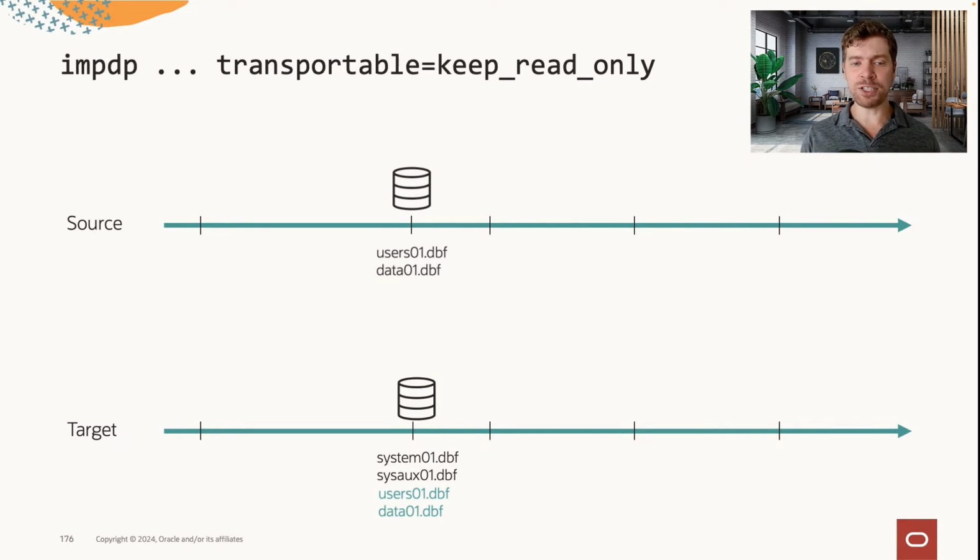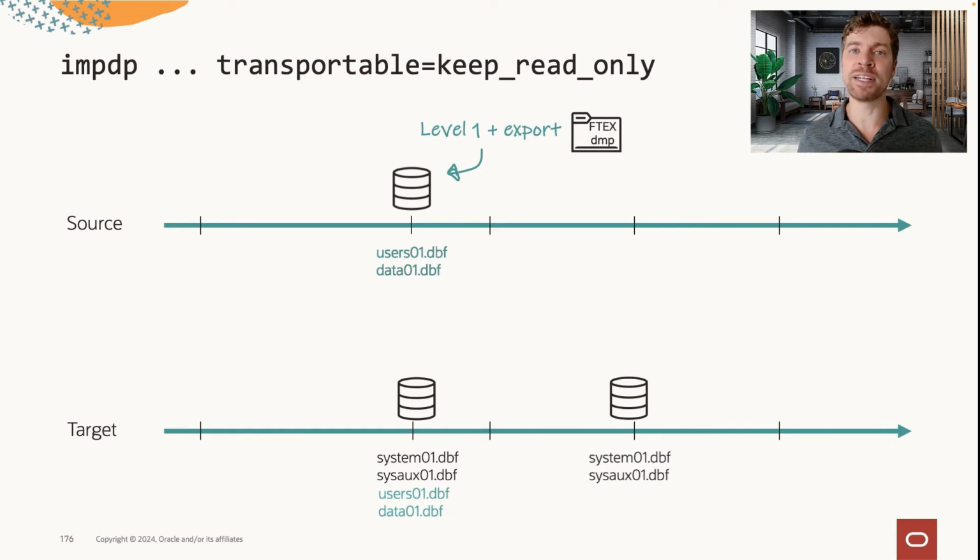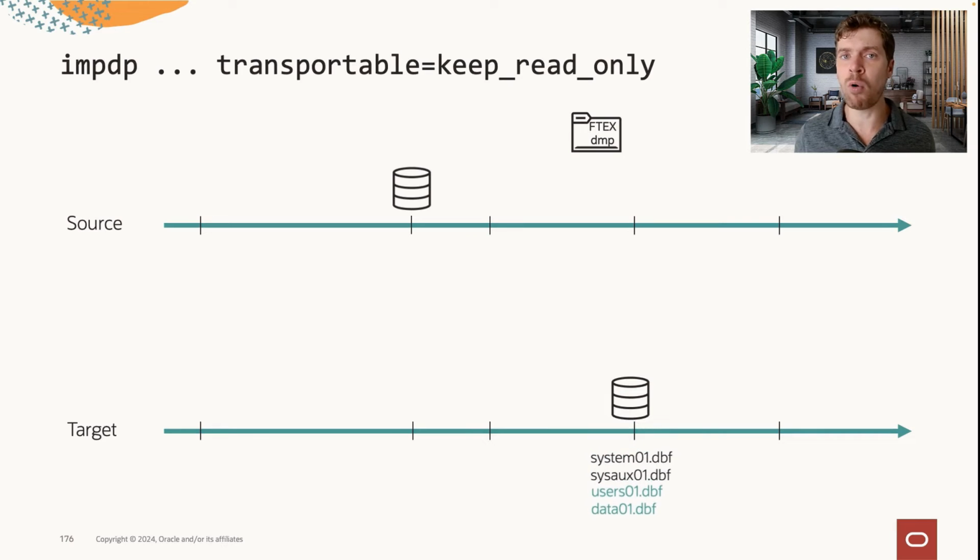But what you need to notice here is that my user01 data file and data01 data file are the same as before because I used that transportable equal to keep read-only flag. So that means that after I take a new level 1 backup in my source system and I produce a new full export for transportable, I can apply this level 1 incremental over those data files because they were not opened in read-write, meaning they are still the same.